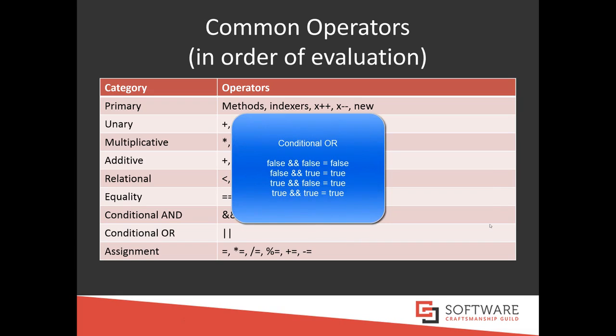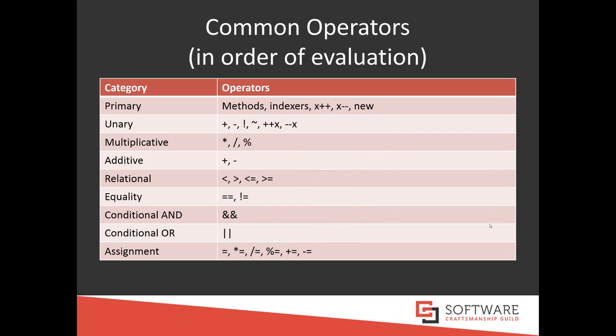For the conditional or, only one of them has to be true. Then at the bottom, the last thing is we have assignment. We have our equal, and then we have some mathematical expressions that are tied to the equal sign. Times equal, divided equal, plus equal, minus equal. We'll get into those later, but they're basically a shorthand for doing a math operation and assigning the new value to the variable at the same time.